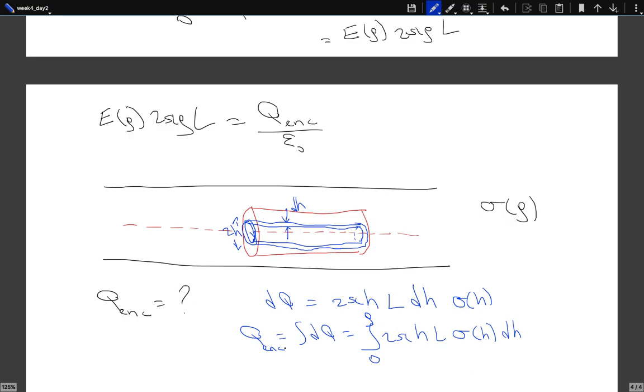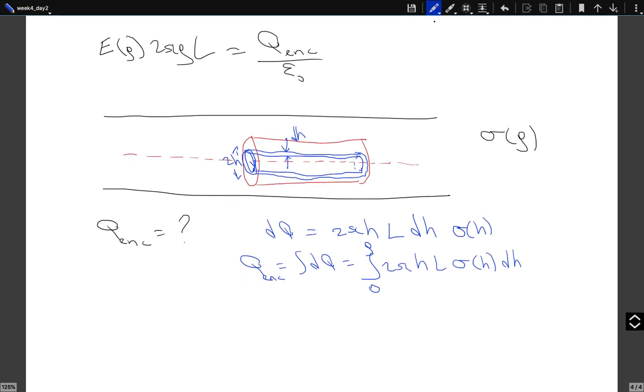So I had evaluated the area integral in the Gauss law. Now I know, if I know what sigma is, I can evaluate the charge. So if I just combine them, E rho times 2 pi rho times L should be equal to 1 over epsilon 0 times this integral.